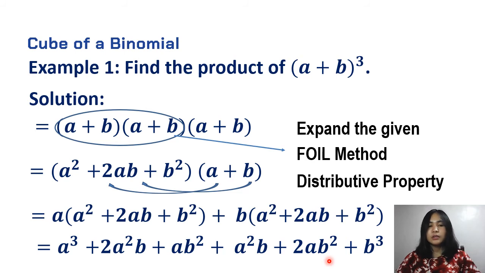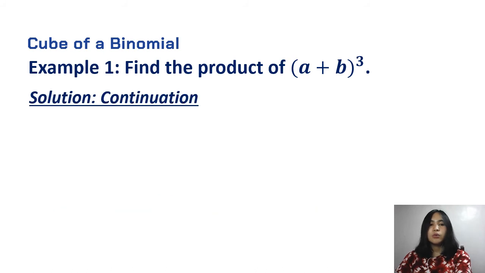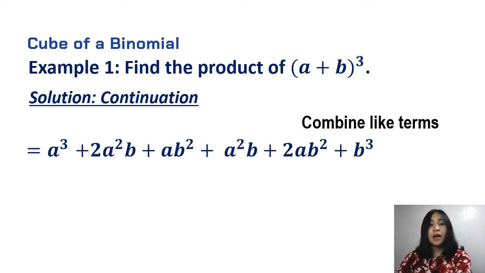So, final answer na ba ni siya? Do you think this is the final answer? Okay, what are we going to do next? So, first, we have to combine like terms. As you can see, merong mga terms dito na same. This one, we have the 2a squared b and a squared b. Same sila, right? They have a squared and b.